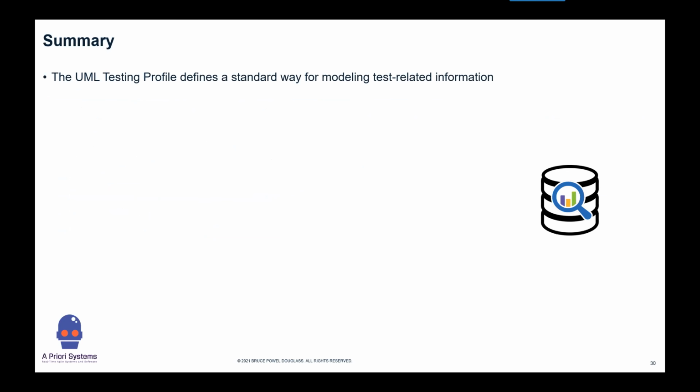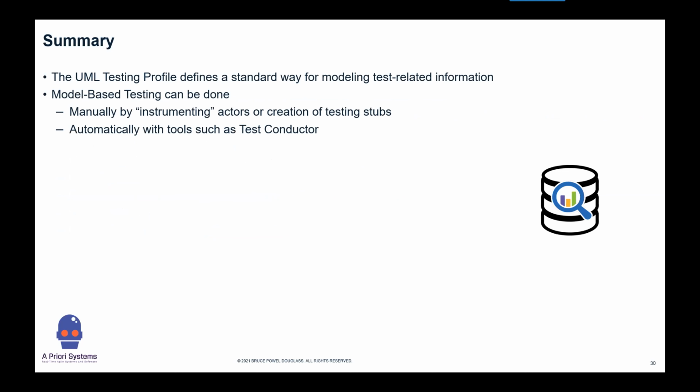The Testing Profile provides a standard way of doing testing with models: creating test components, doing your test cases, creating the test architectures, and creating the test outcomes as your test logs.